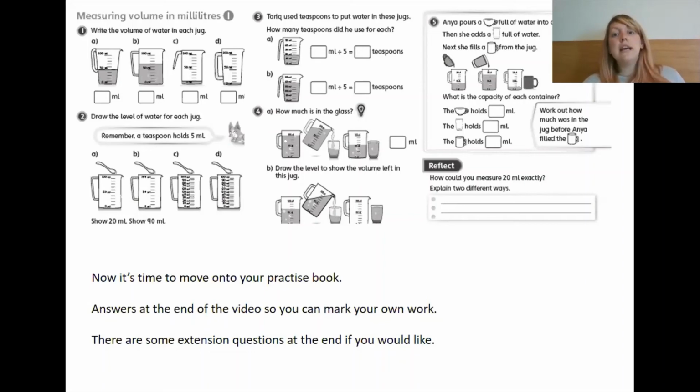This will truly enable you to fully grasp the concept of millilitres and measuring volume. Pause the video now and move on to your practice book. As always, the answers will be at the end of this video.